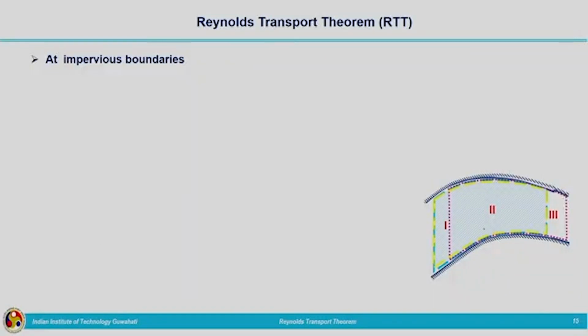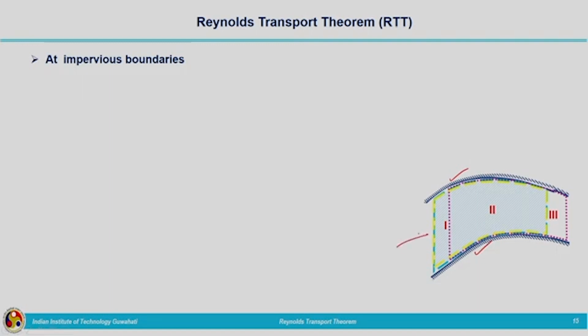That is, we have the control volume and control surface. Term 2 represents the flow across the control surface. So, we need to understand how the control surface behaves. You can look at the figure we started with. Here you can see this region and this region are both impervious boundaries.